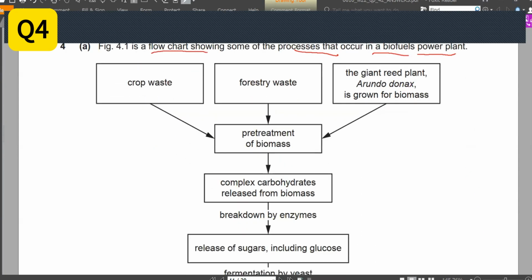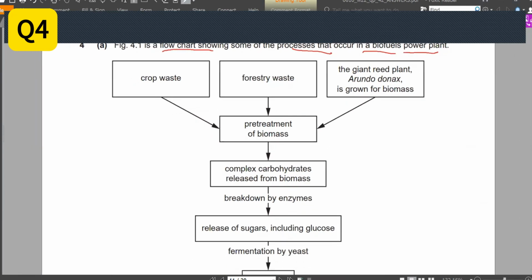For example, we can take crop waste. Let's say we grow the rice plants, but only the rice can be eaten, and the rest of the plant, the leaf and the stem, we cannot eat. This becomes the crop waste, but we can use it.